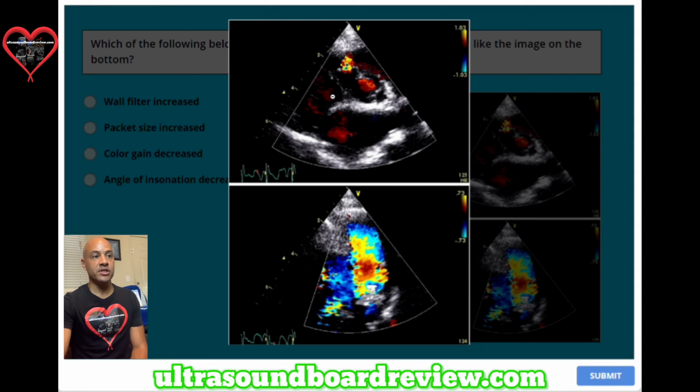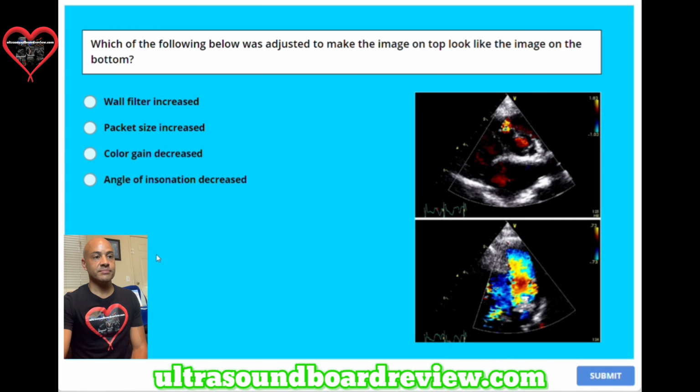So what changed to make this image look like this image? The answer is B, packet size increased.